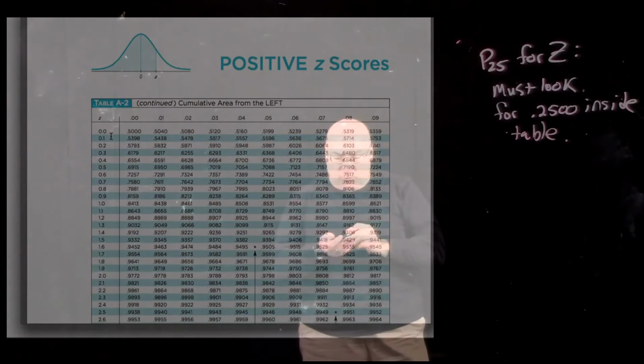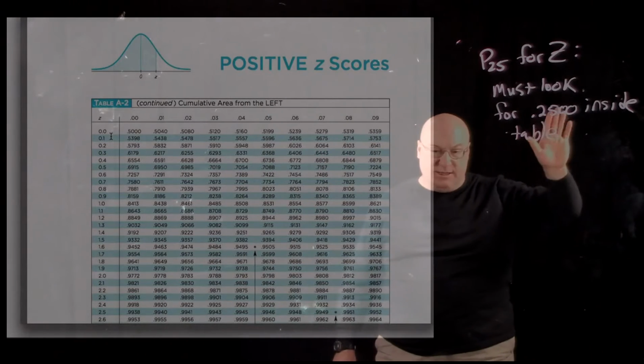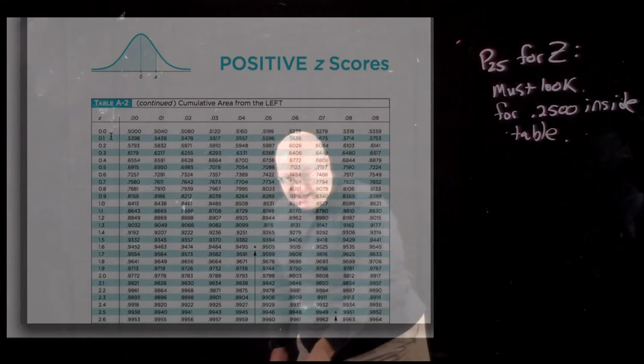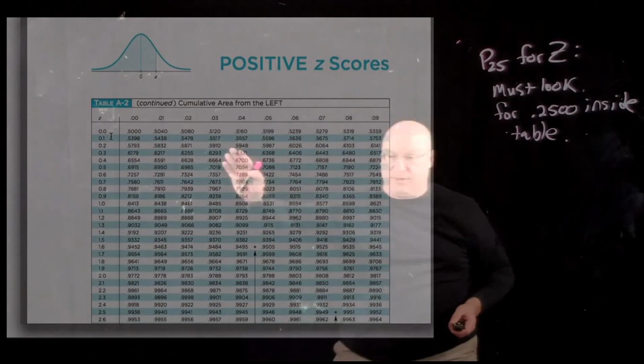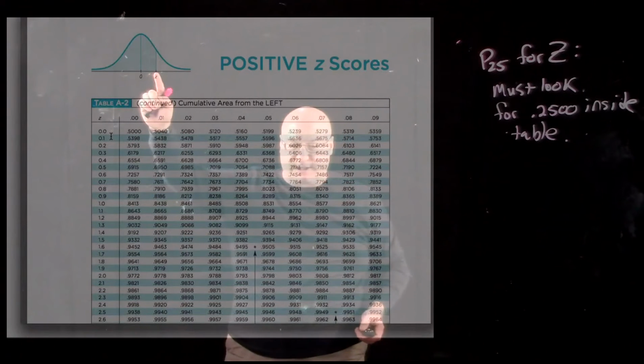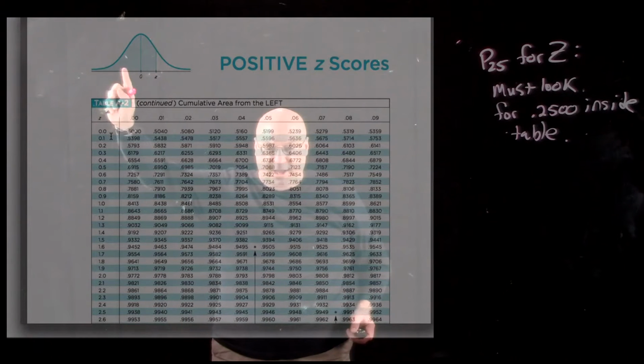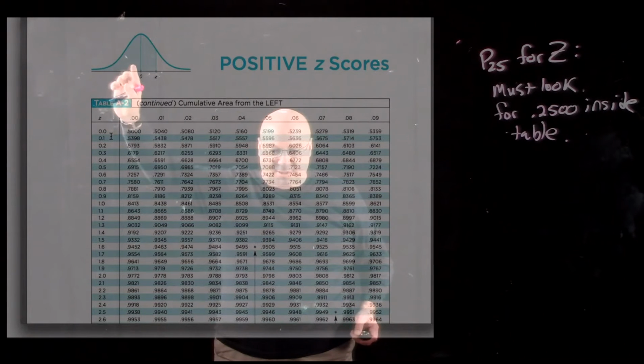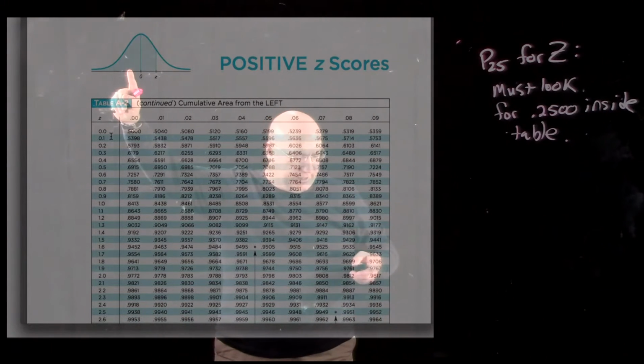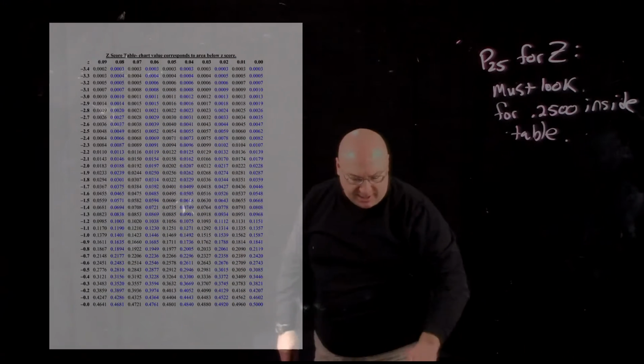Correct? Since I want area that is less than a half, I know I'm going to have to go to my negative z-scores. It's on the other half. Up here, this is a good example. You can see it's a generic positive z-score. That certainly has more than half the area. I want to be over here where I have 25% of the area, so I want a negative z-score, so I've got to go to the next table.